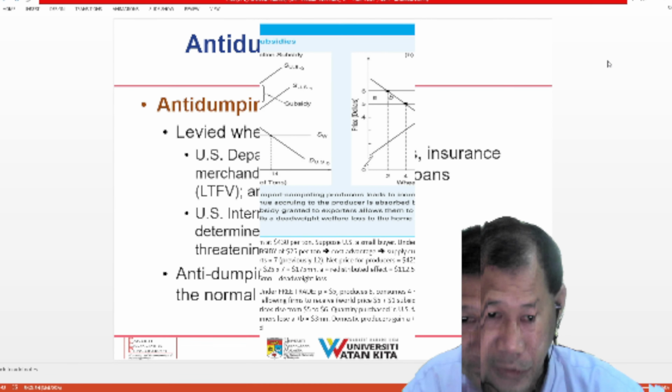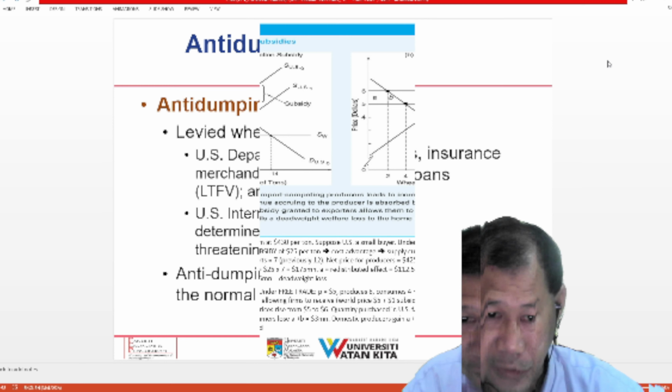So how do we correct this? There is an anti-dumping duty, levied when the U.S. Department of Commerce, in the case of the United States, determines that foreign merchandise is being sold at less than fair value, and another agency, the U.S. International Trade Commission, determines that LTFV imports are causing or threatening material injury to a domestic industry.